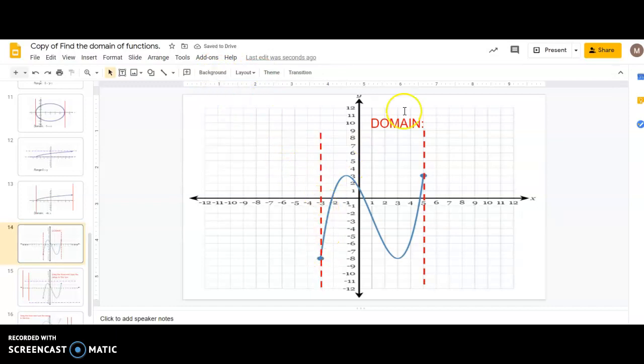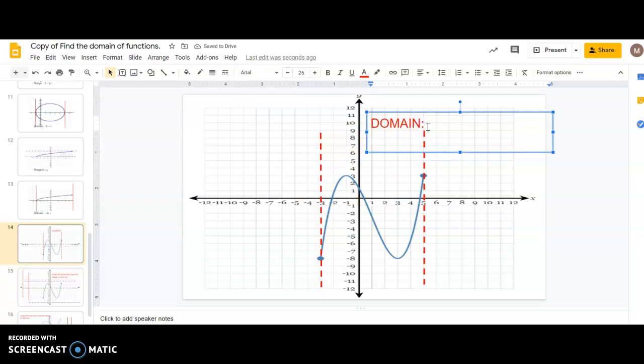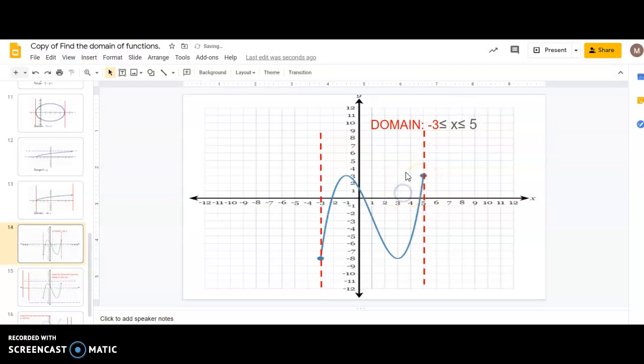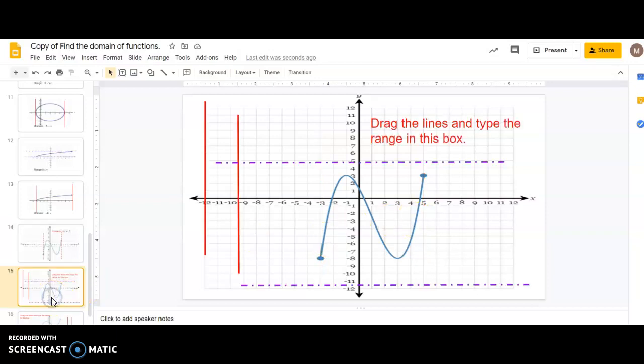So right here, where does it start? It starts at -3. And it is equal to, because it is a closed circle, we're talking about the x's, and it goes all the way to 5. And it's also equal to because we have another circle. So that is our domain for this problem, from -3 to 5. Go ahead and try the range for this one.